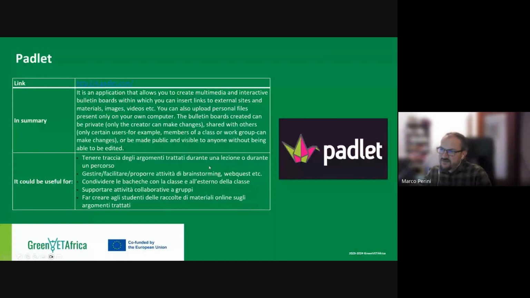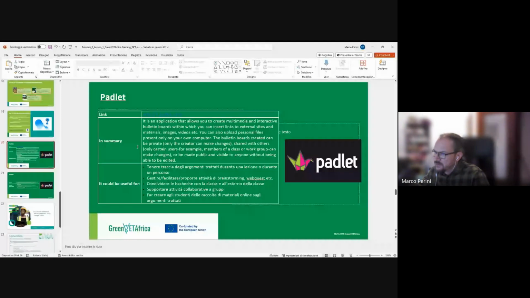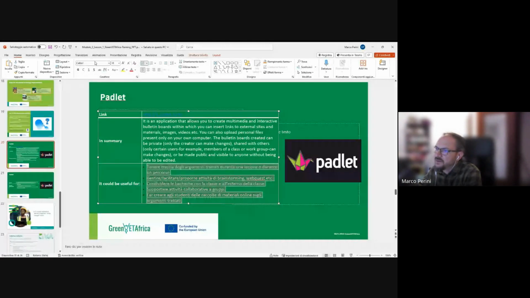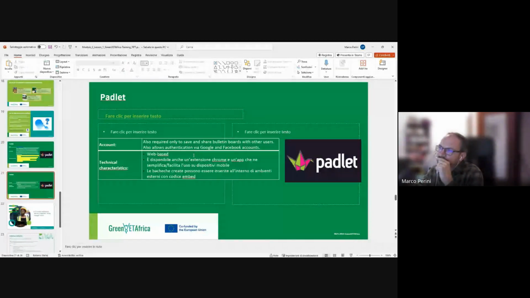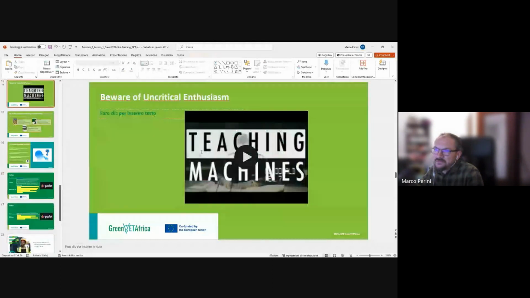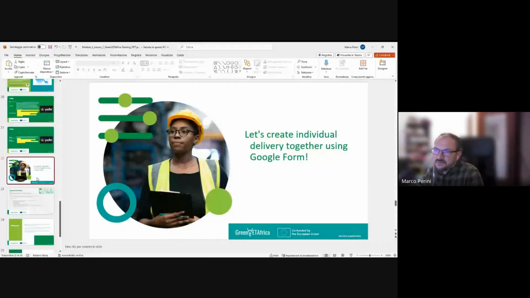You can find several examples for use in the school, and you can find other information about the necessity to create an account or not, or which are the functionalities if you don't want to pay for it, and other technical characteristics that you need. Okay, and this was a point.